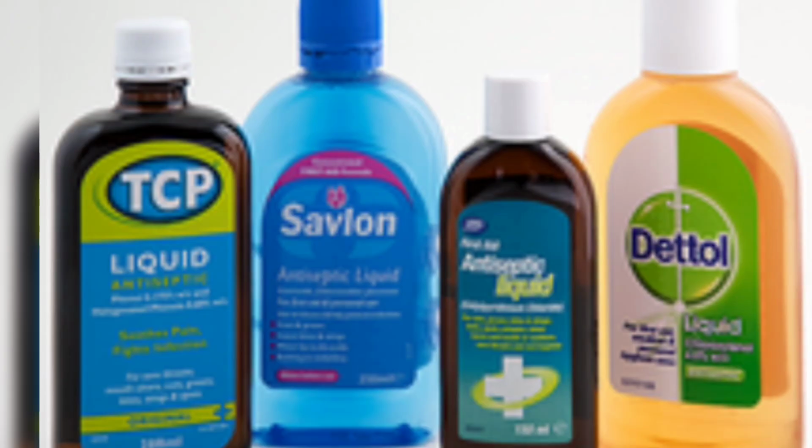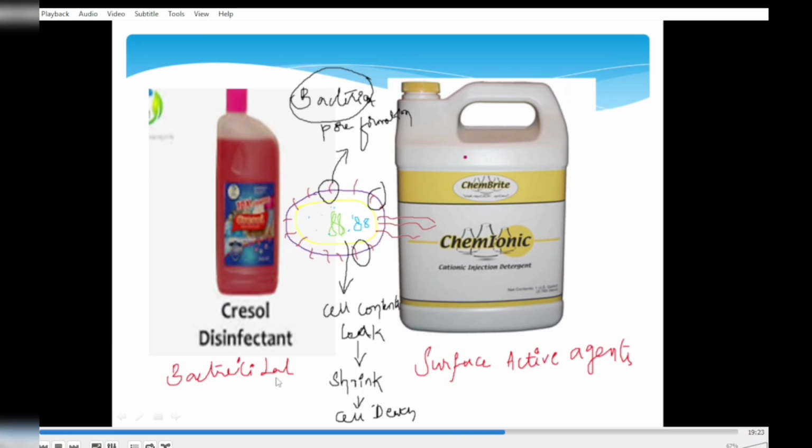The property is bactericidal. Bactericidal means to kill bacteria. Here you can see the image of a bacterium. In the bacterial parts, the outside layer is the cell wall and the inside layer is the cell membrane. Inside, we can see the cytoplasm, and inside the cytoplasm the DNA and ribosomal inclusions are present.